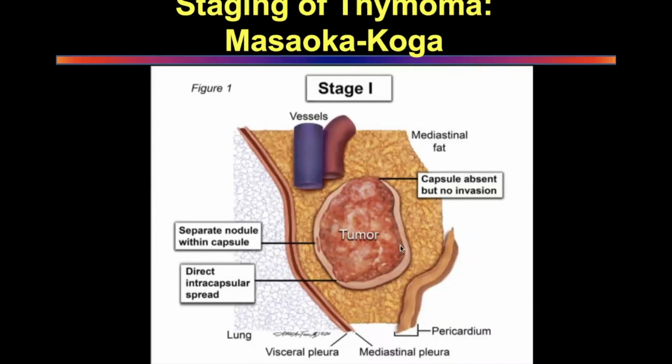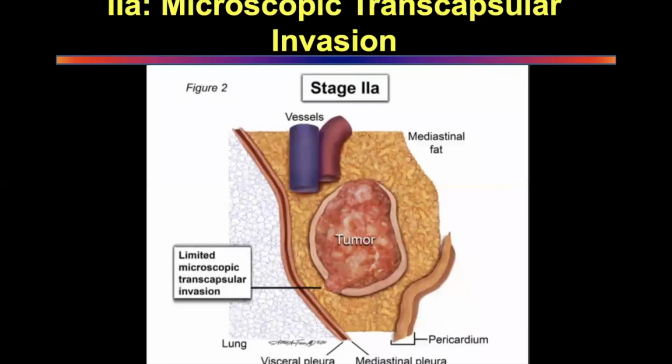The capsule is completely intact, and there may or may not be some capsular invasion, but it has not gone beyond the outer margin of the capsule. That's stage 1, always. The outer covering is intact histologically. The inner margin may be breached, but the outer covering is still intact, and that is called stage 1 thymoma.